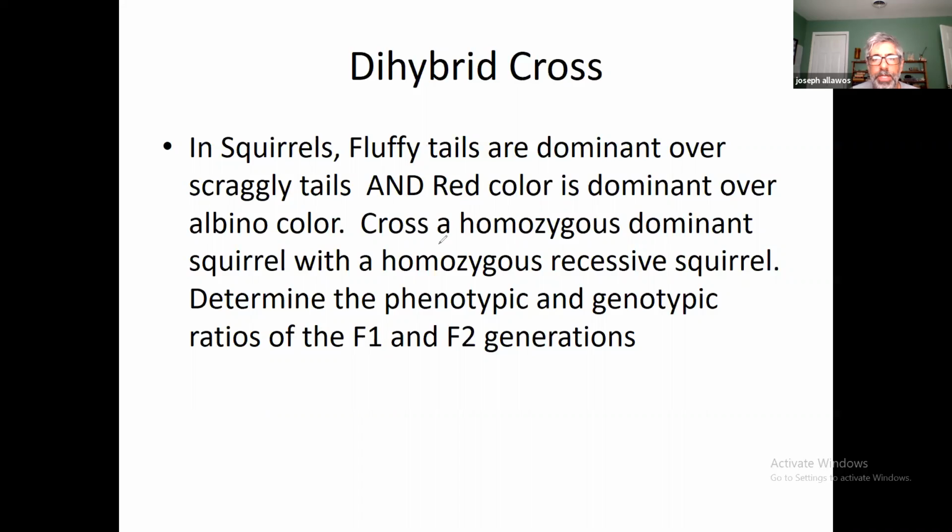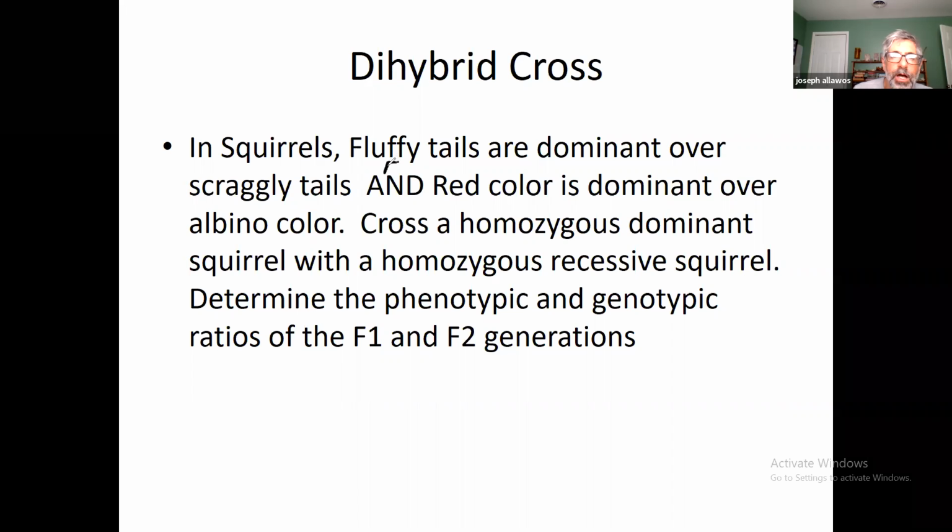And now it says cross a homozygous dominant squirrel with a homozygous recessive squirrel, and then determine the phenotypic and genotypic ratios of the F1 and F2. If there's any word in this problem that you don't know, then you need to go back and look at the vocabulary. All these words at this point in the game you need to know. Okay, so what we're dealing with are 2 traits here, and so we still have to assign alleles.